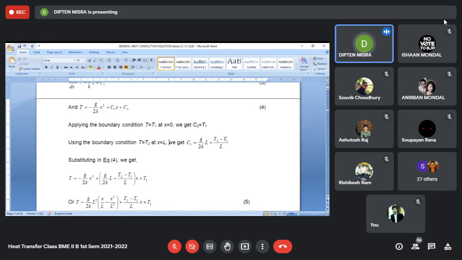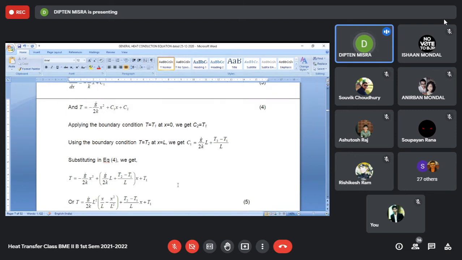The primary objective of the study of this subject is to find out the rate of heat transfer in a given situation. So why at all do we find out the temperature distribution? Because, as I have said, once we know the temperature distribution, we can find out the temperature gradient, and then we can find out the heat flux across a surface through the use of Fourier's law of heat conduction.